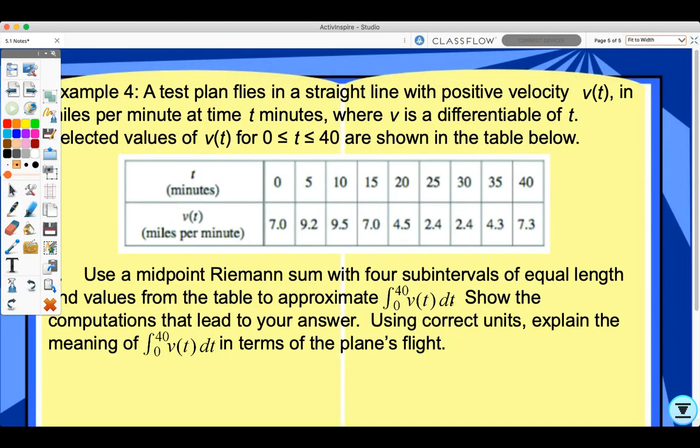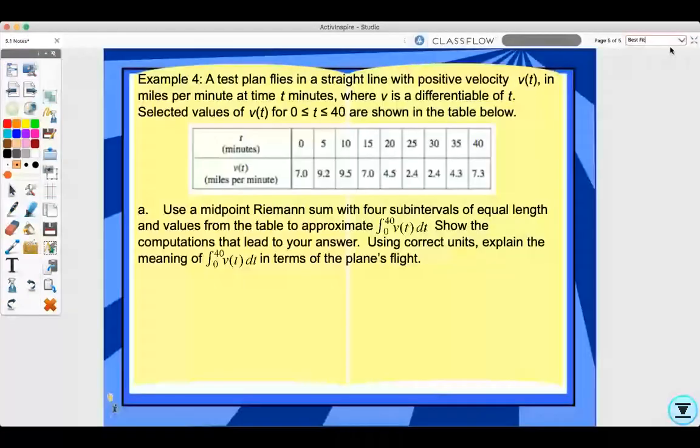So let's go ahead and look at this example here. A test plane flies in a straight line with positive velocity v of t in miles per minute at time t minutes, where v is differentiable of t. Selected values of v of t for 0 to 40 are shown in the table below.